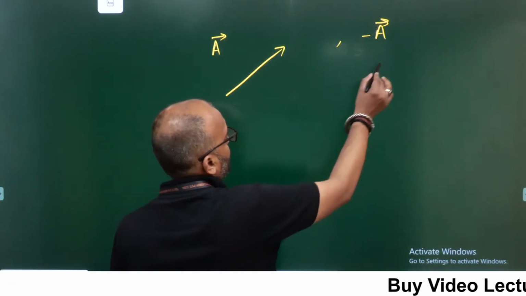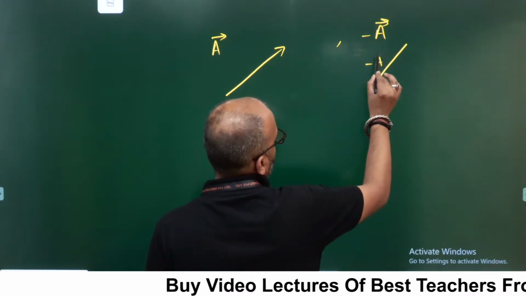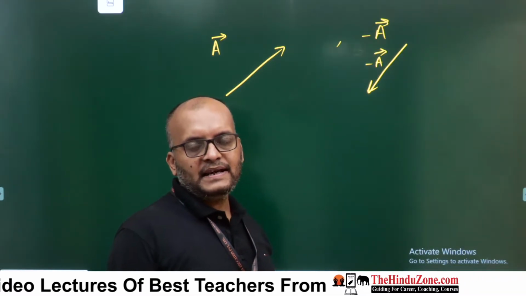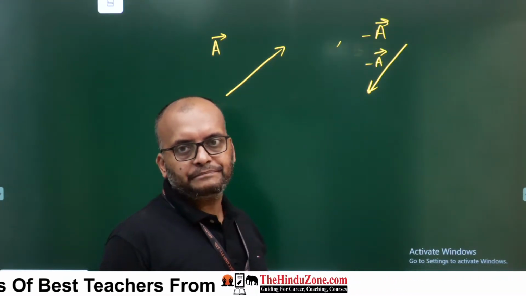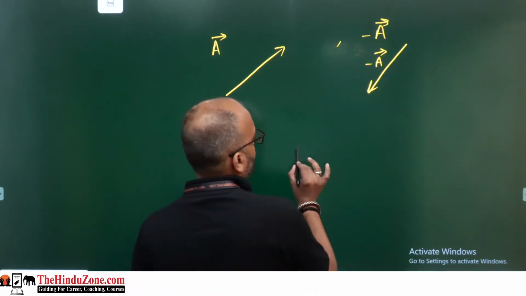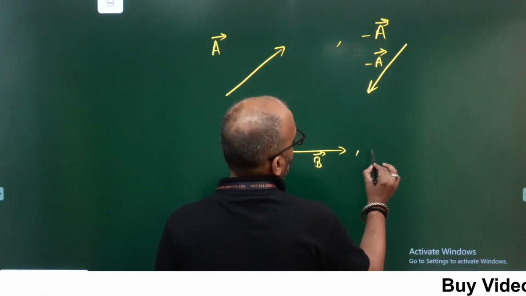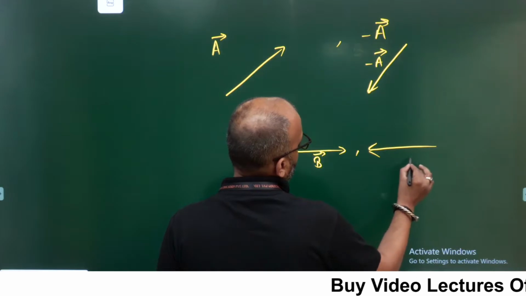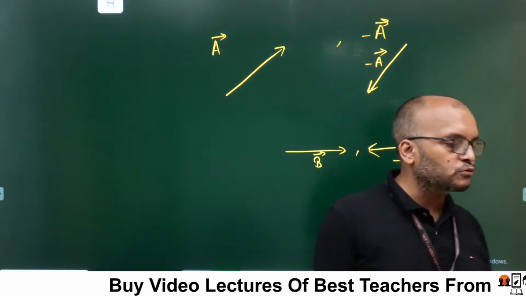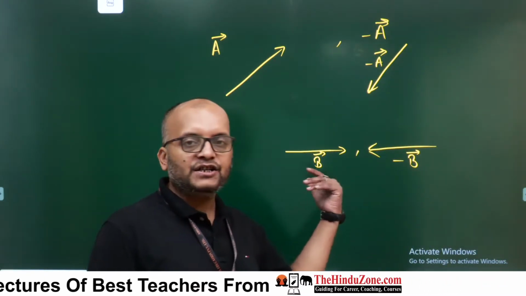So if this is your vector A, then this will be your minus A vector. Yes or no? Getting me or not? If this is your B vector, then this is your minus B vector. You just have to reverse the direction, nothing else. Magnitude is not going to change. Everything is same, just the direction has reversed.